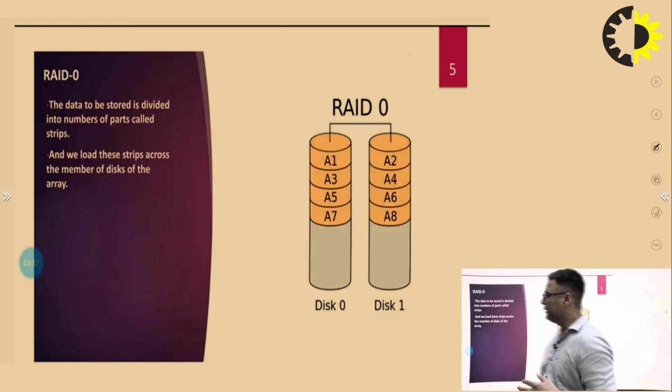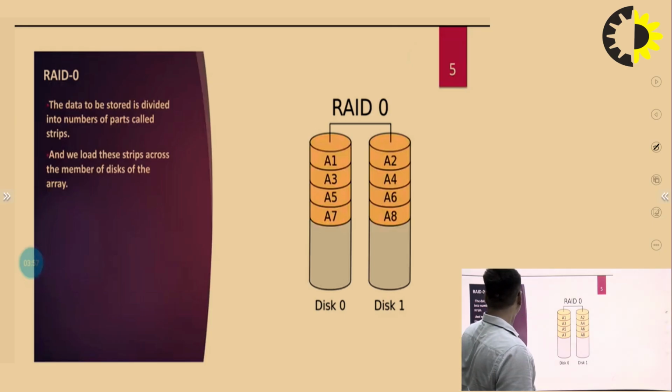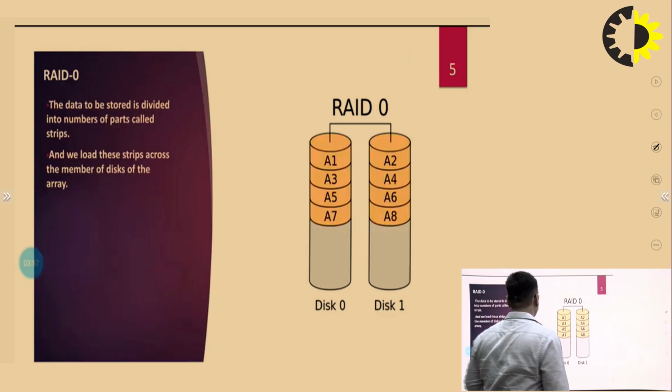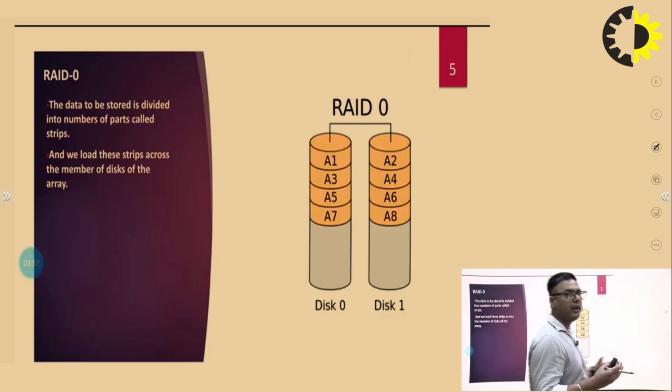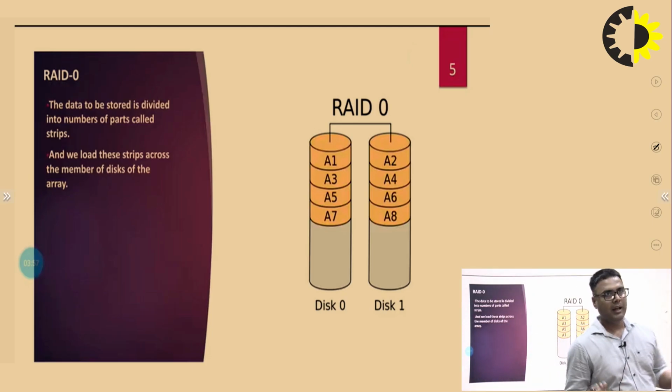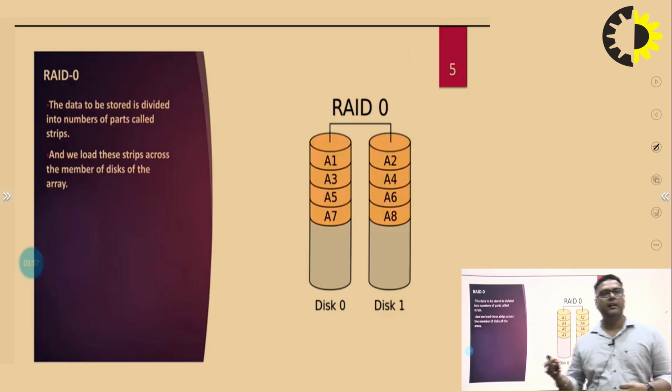So here we introduce RAID 0. In RAID 0, the data to be stored is divided into a number of parts called strips, and we load these strips across the number of disks of the array. Suppose the data given is A, and A is divided into different sections: A1, A2, A3, A4, A5, A6, A7 and A8.